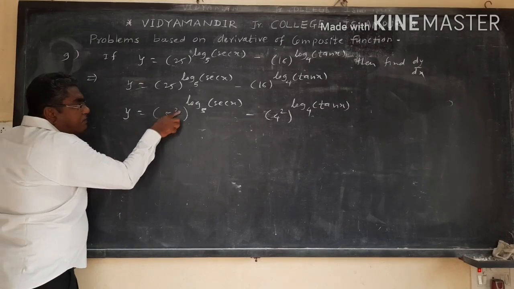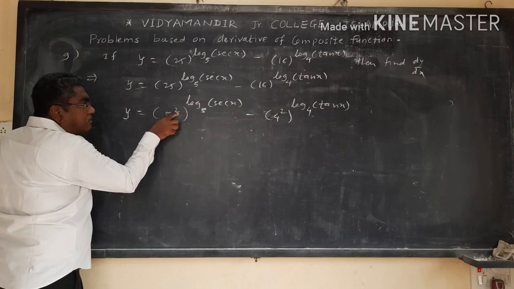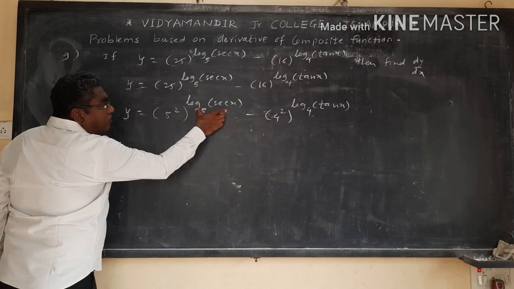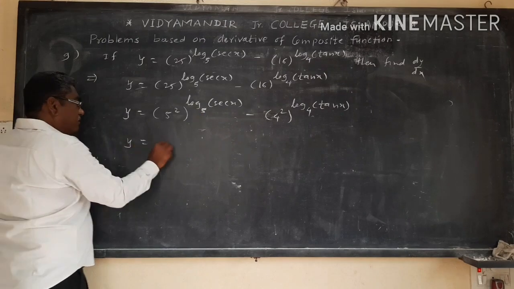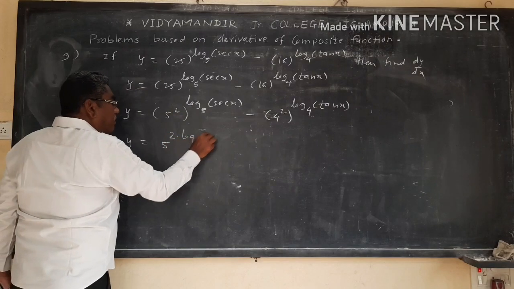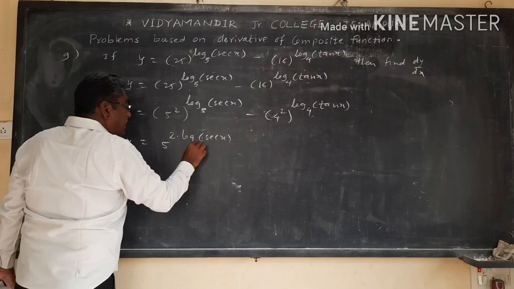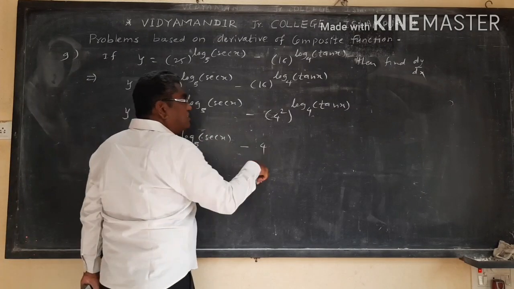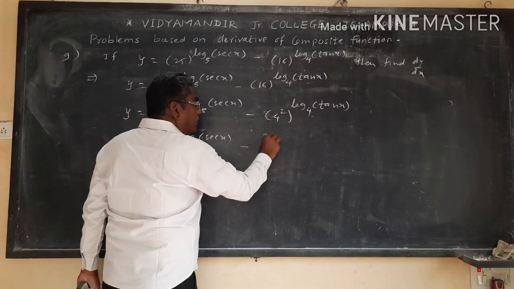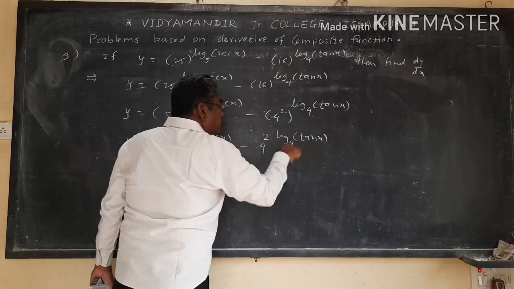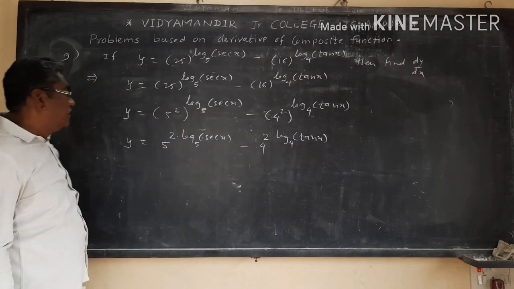A raised to m raised to n is a raised to mn, so 2 into log of sec x to the base 5. Y is equal to 5 raised to 2 into log of sec x to the base 5. Similarly, 4 raised to 2 into log of tan x to the base 4.